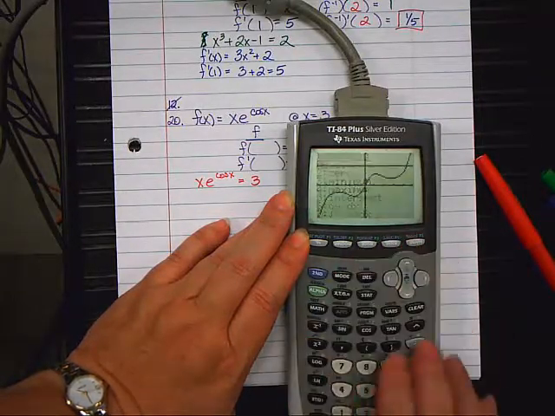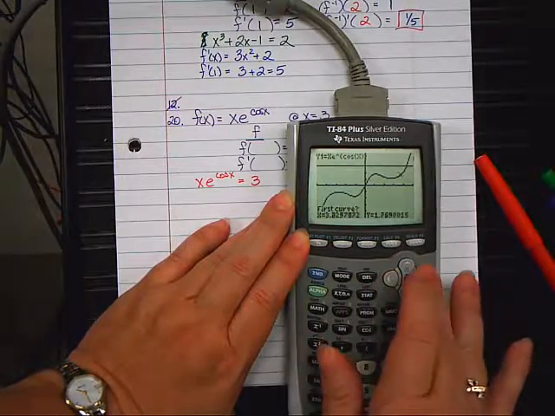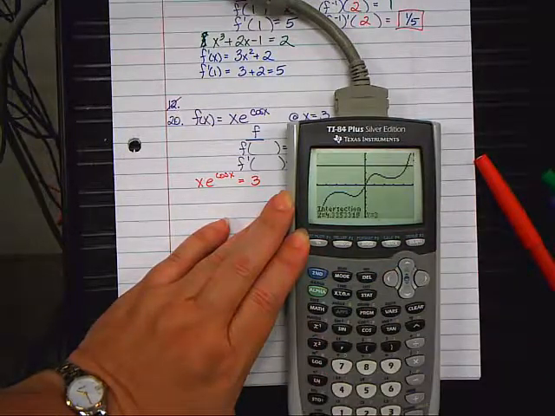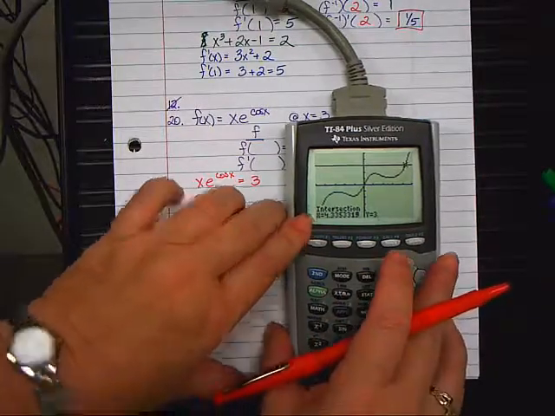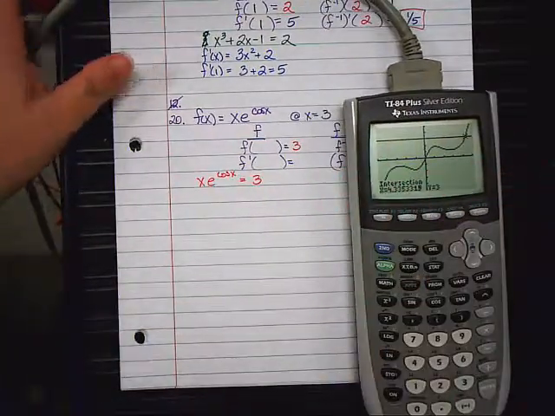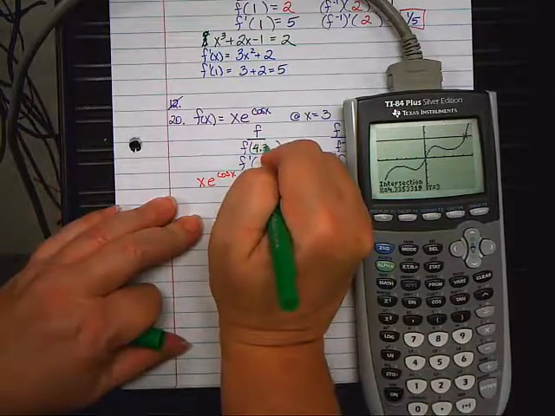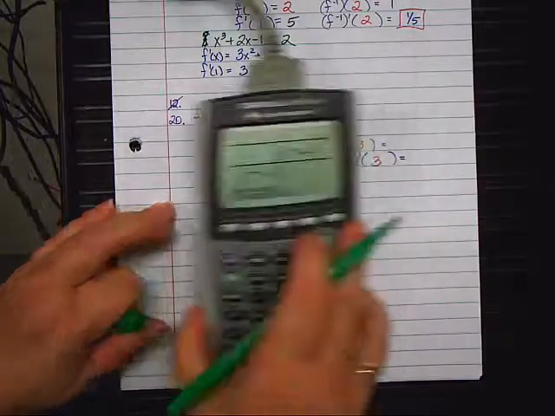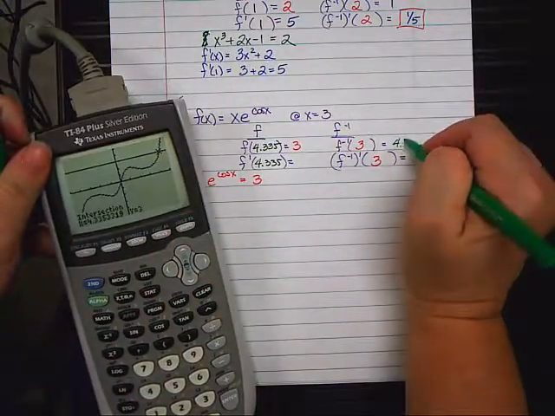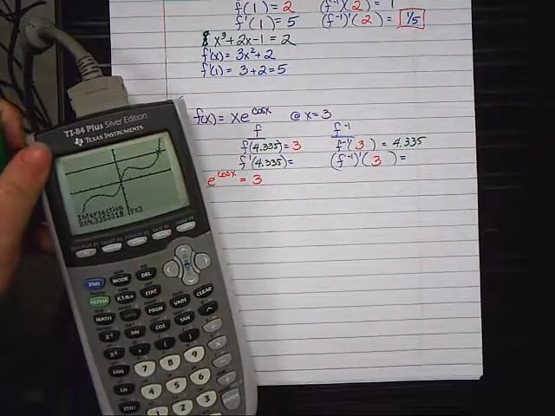Second trace intersect, it's already there. You would have to scroll, push enter 3 times, and you get this decimal. So that decimal is your x that goes right here, 4.335, and down here, and over here, if you want to put it in all 3 places.